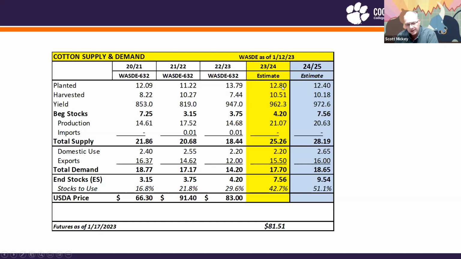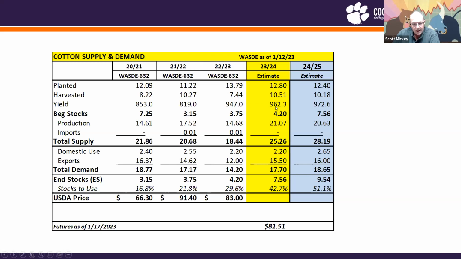Maybe there's 2 million less. The big number to watch is what's harvested. Last year, Texas had a severe drought and did not harvest much of their cotton. If they're able to harvest, that's really going to bump this harvested acres regardless of what we plant in 2023.